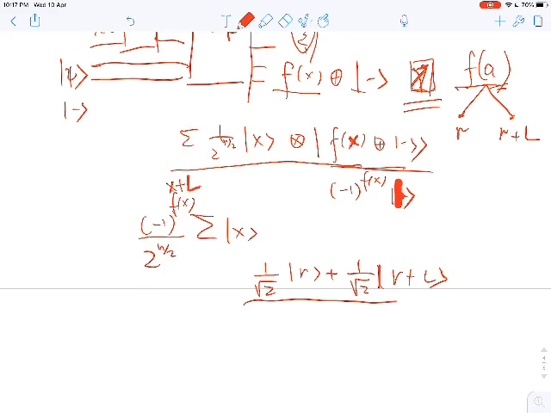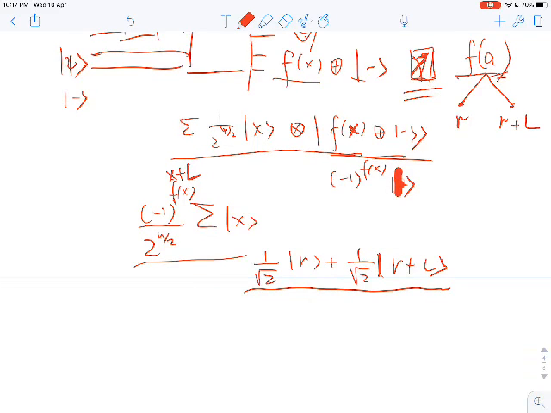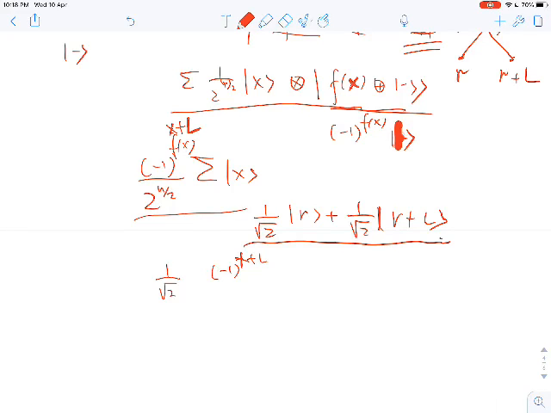Similarly, we use this result to reform the state here, like 1 over square root of 2, sigma minus 1 to the fx, where fx is x plus L. We get the state like 1 over square root of 2 and the sigma minus 1 ry.